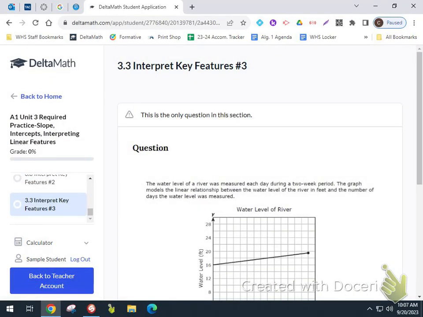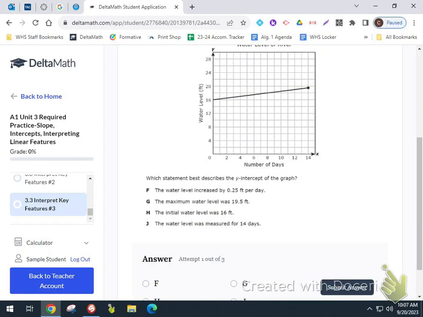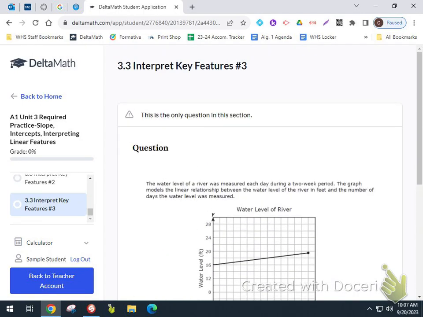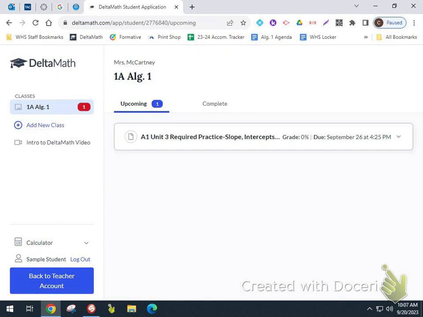This one is which describes the y-intercept, okay? And so those are pretty quick, but they're really good practice. So we need to be at 100%. If you finish that, you can keep working on this little guy. There's some graphs here, okay? But we know everything we need in this unit, and now we just got to review and test next week.